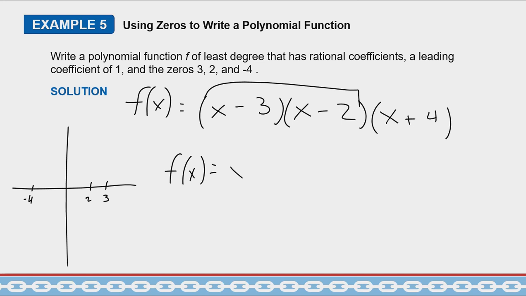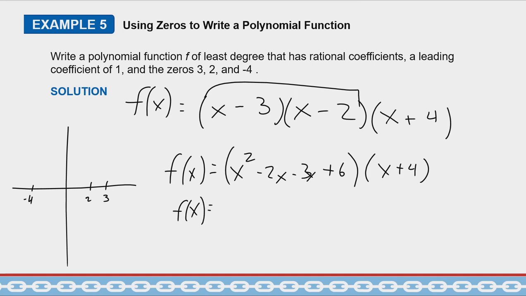That's going to give me x squared minus 2x minus 3x plus 6 times x plus 4. I just used FOIL for the x minus 3 times the x minus 2. I'm going to clean up the middle term here, and then I'm going to multiply that all by x plus 4.